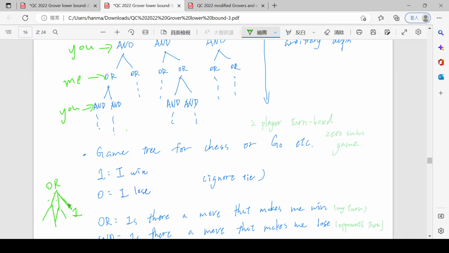Then I can just pick this branch and I will get the win result. Okay? So to determine the game state at this node, there just needs to be one node that I win. Then I can pick that node to be the move I make and I will win.